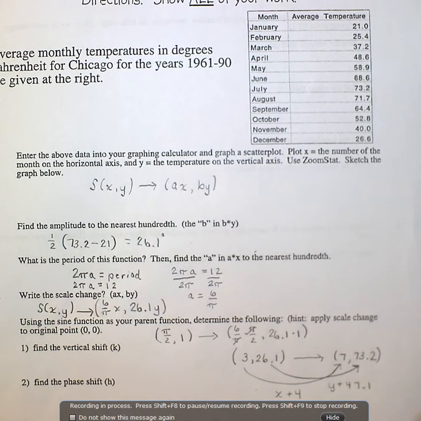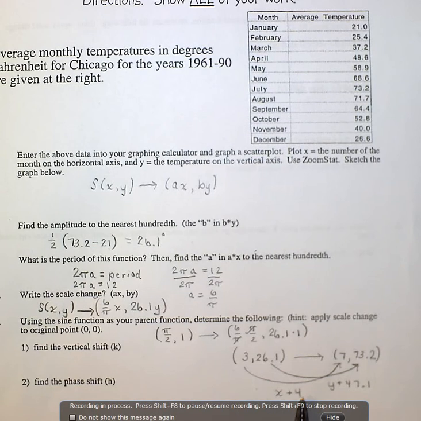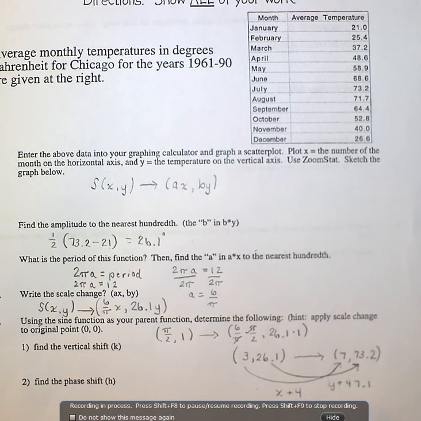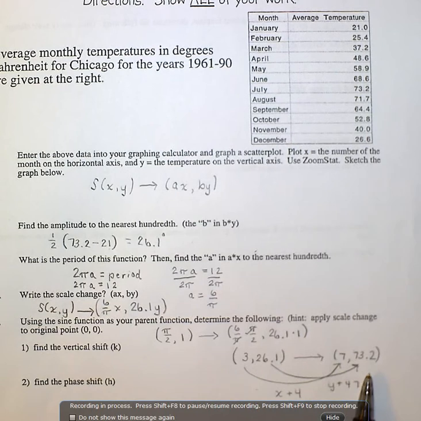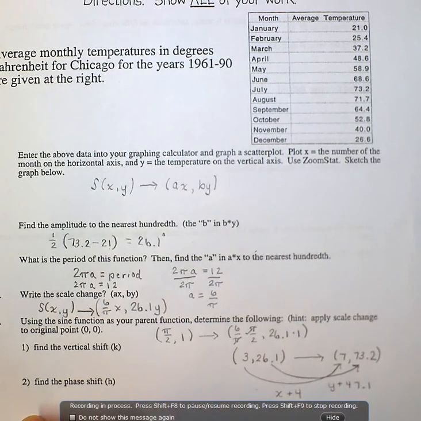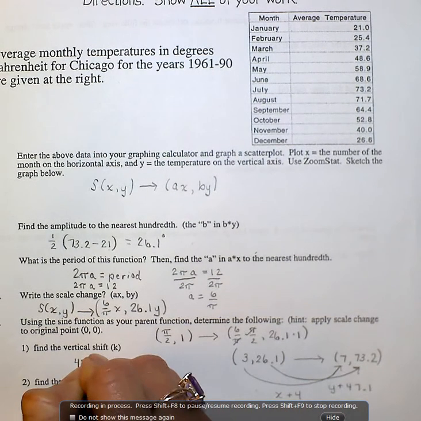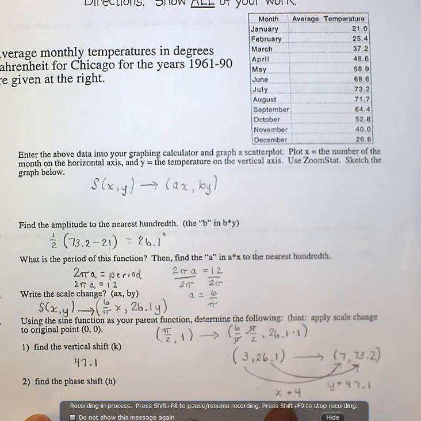I have to shift an additional 4 places to the right to get from 3 to 7, and I had to shift an additional 47.1 up to get from 26.1 to 73.2. Make sense? That's my translation rule. Okay? So my vertical shift is positive 47.1, and my phase shift is positive 4.